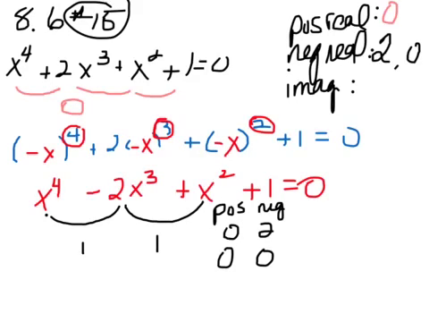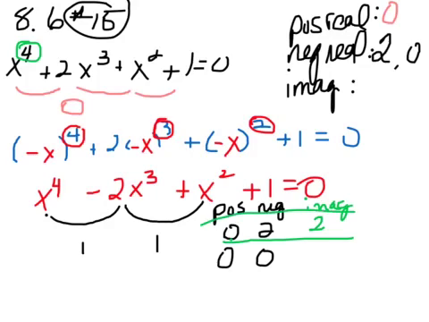Now, imaginary. We find the amount of imaginary roots by counting up how many positive and negative real number roots there are and subtracting it from the total number of roots. The total number of roots here is 4 because the biggest exponent is 4. If you have 0 positive and 2 negative, 4 total minus these 2 negative leaves 2 imaginary roots.